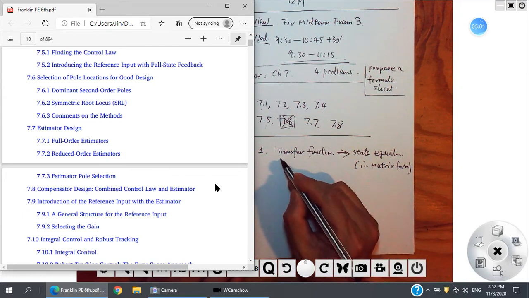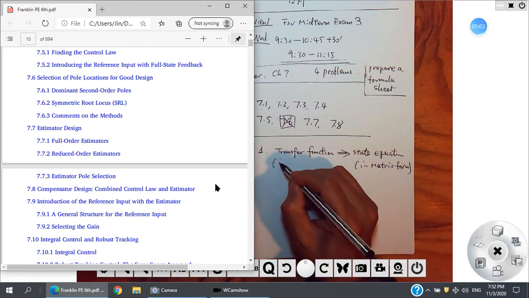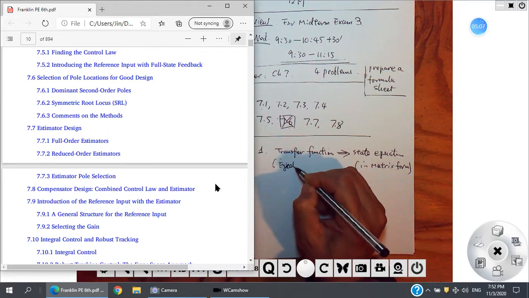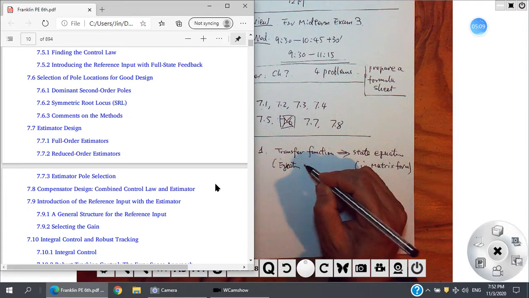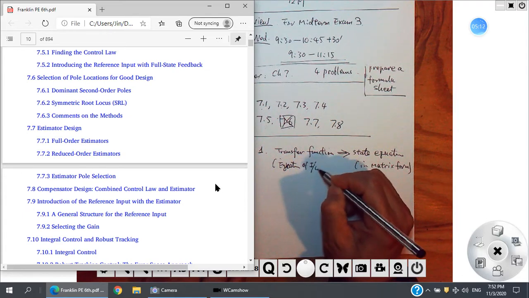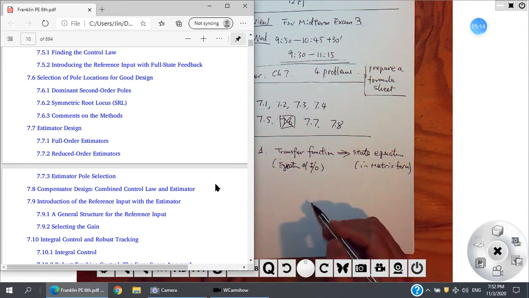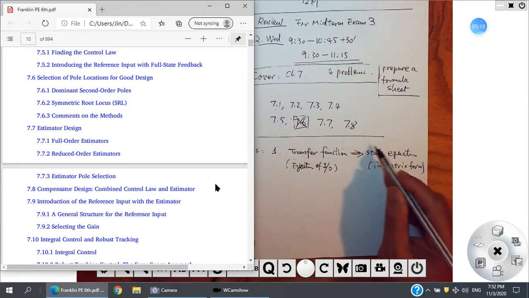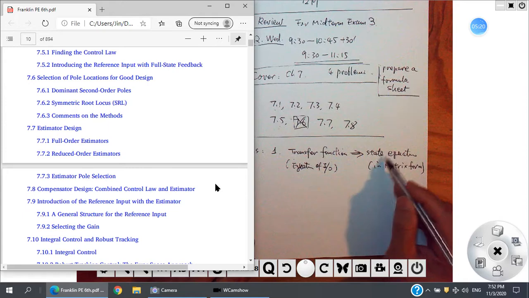Maybe you start from an equation that just contains input and output, no state variables. So you start from this part, and you try to find the state equation in matrix form.